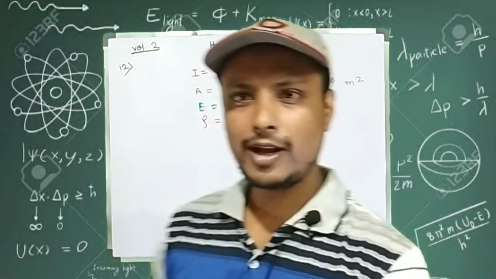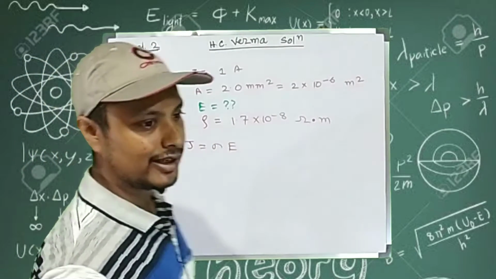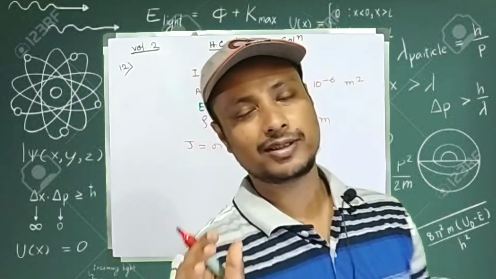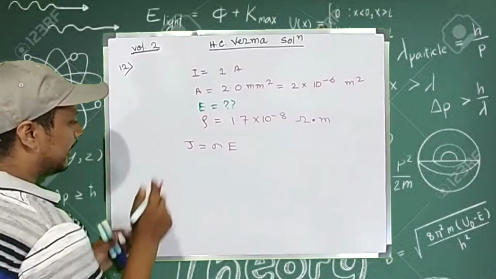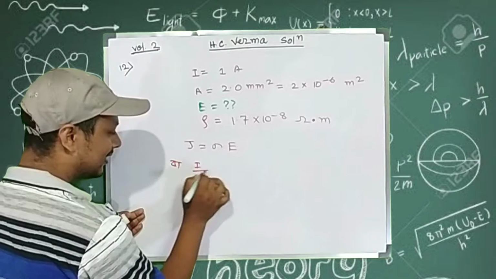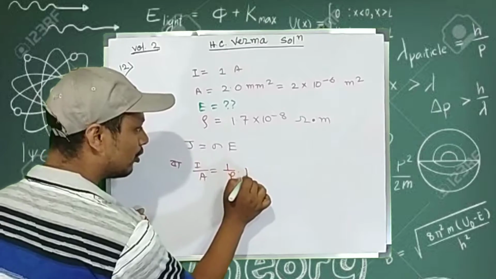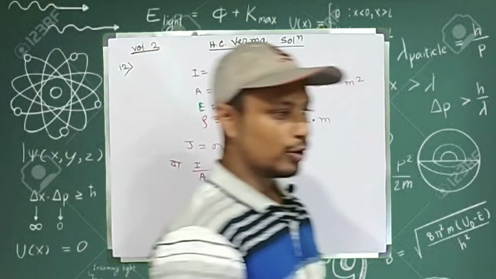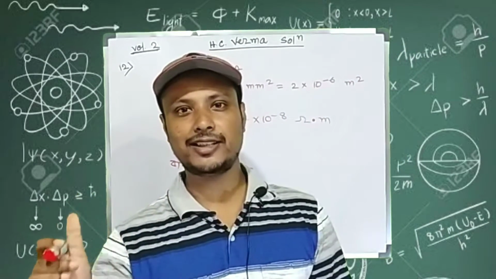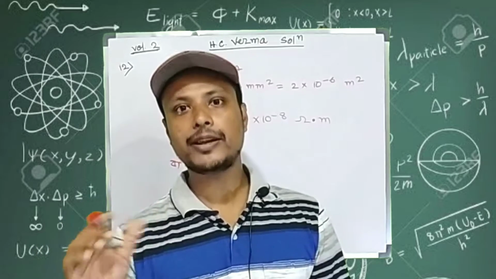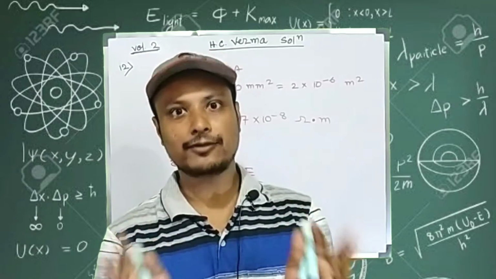So you know our formula very well, the relation J equals sigma E. That is the vector form of Ohm's law. Now you can convert J into I by A, and sigma can be written as 1 by rho, since conductivity and resistivity have an inverse relation.